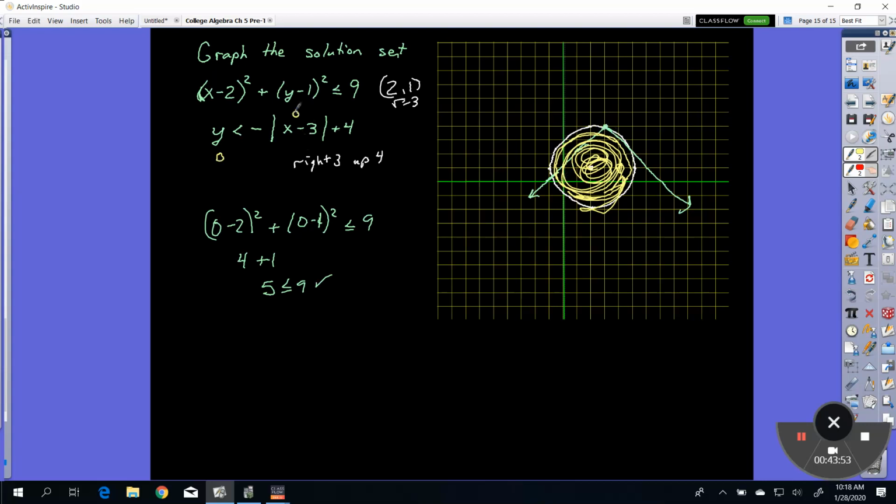So y is less than negative absolute value of negative 3 plus 4. The absolute value of negative 3 is a positive 3, but then the negative on the outside makes it negative. 4 minus 3 is 1. Forgot my y value in here for 0. So is 0 less than 1? That's a true statement, so I would shade down below.